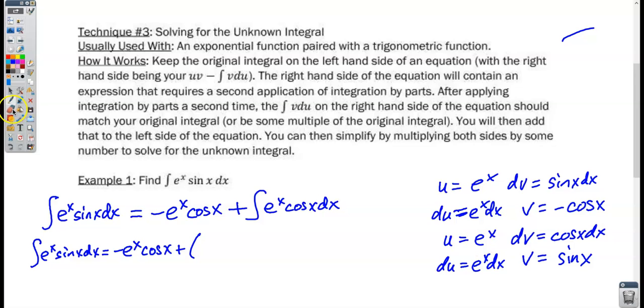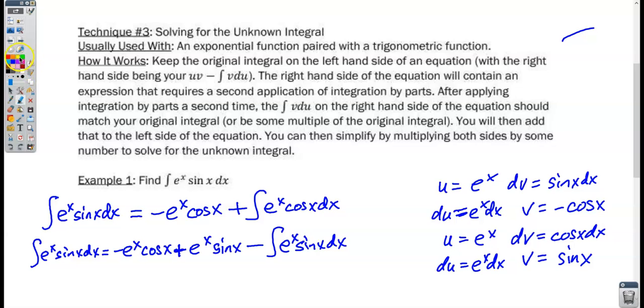Actually, since I have a plus sign there, I don't really need these parentheses. It's just going to be uv minus v du. So I've got u times v, that's e to the x sine of x, minus the integral of v du, which is e to the x sine of x dx.